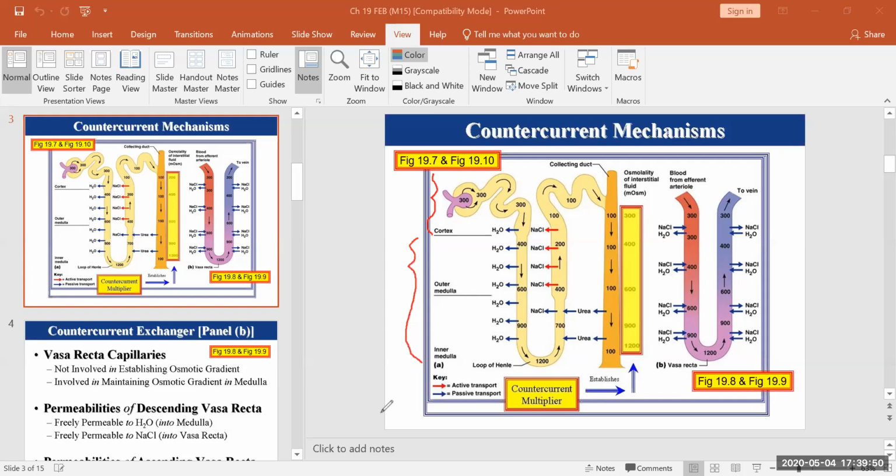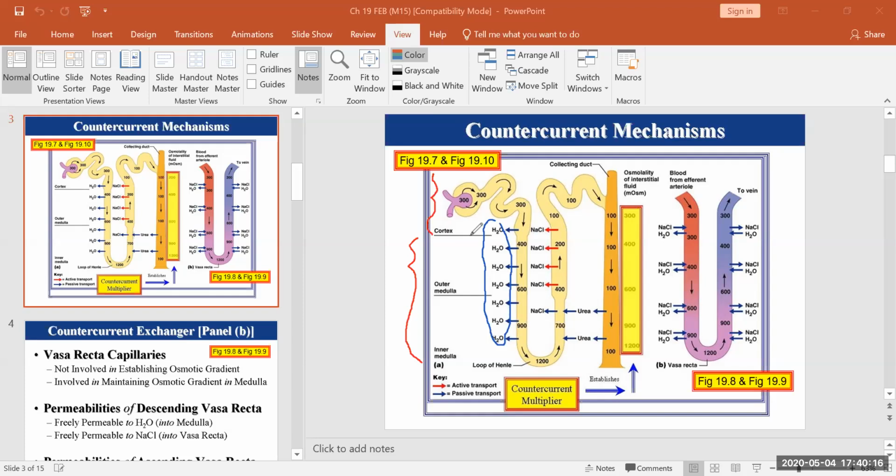Okay? Now, as it goes down the loop of Henle, you can see that the renal filtrate gets concentrated. Why? Because of this: water is leaving. So basically, you are concentrating the renal filtrate.